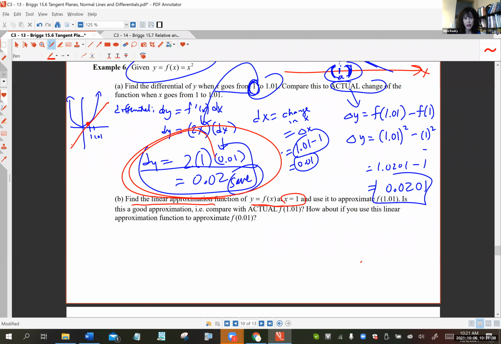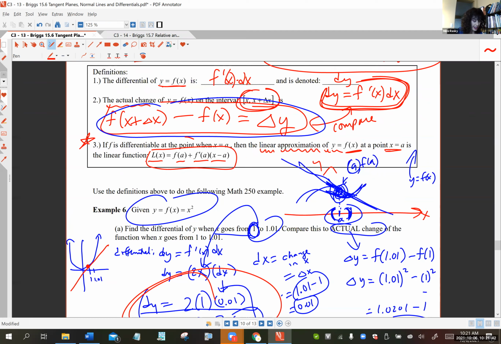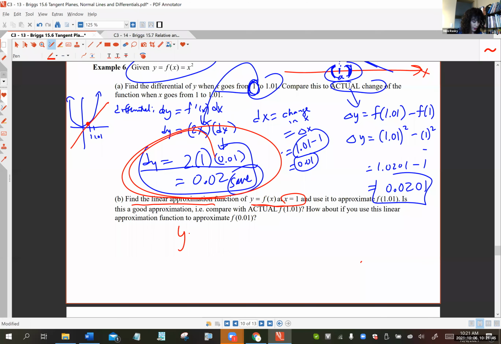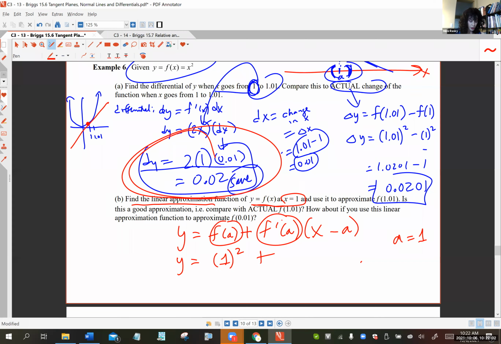So if you just use this handy formula, y is equal to f of a plus f prime of a times the quantity x minus a, where a is 1, you're going to go y equals f of a, which is 1 squared, plus, and remember our derivative was 2x, so 2 times 1, times x minus 1. So this is your linear approximating function.